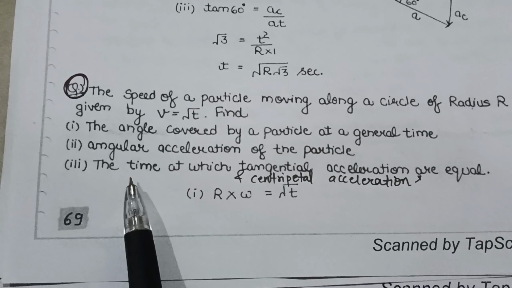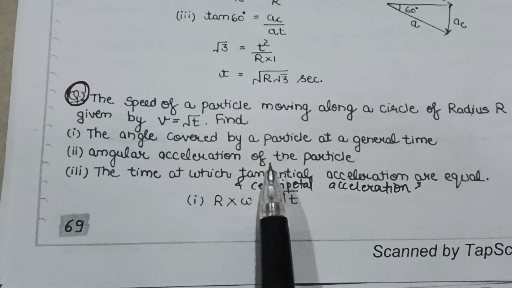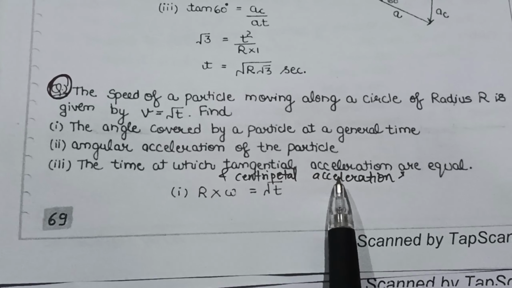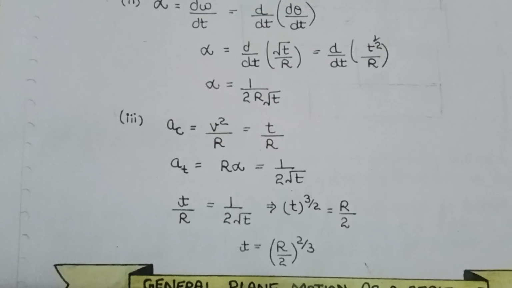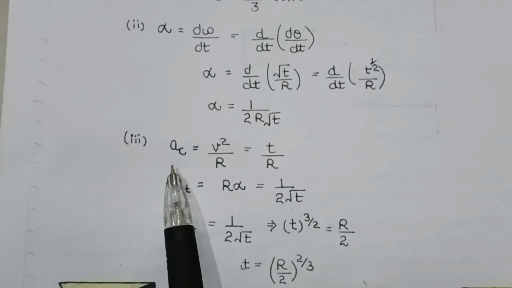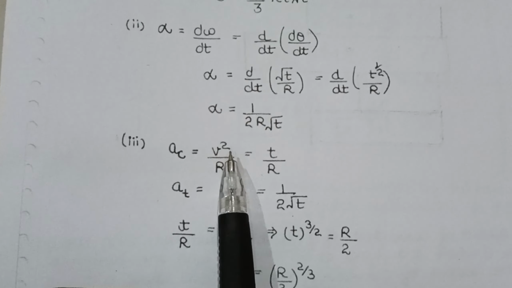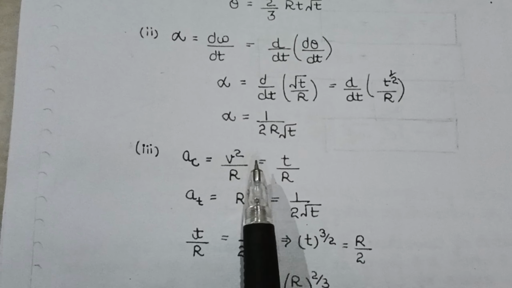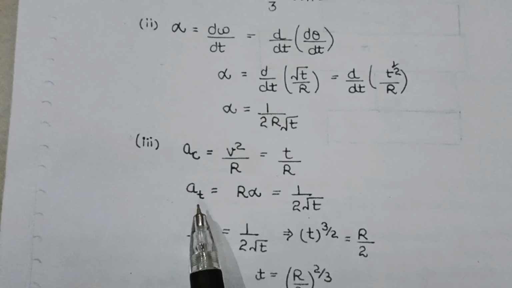Now the third question is the time at which tangential acceleration and centripetal acceleration are equal. As we know, the centripetal acceleration is equal to v square by r, so we get it as t upon r, as v is equal to under root of t.